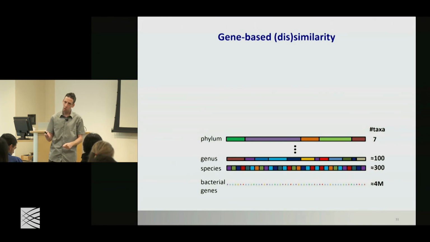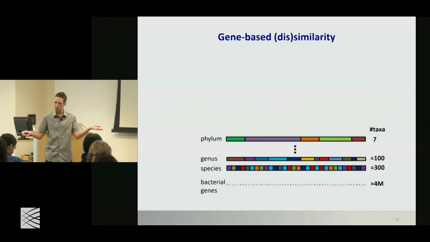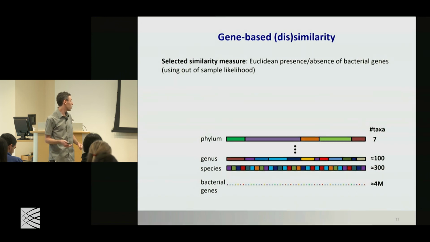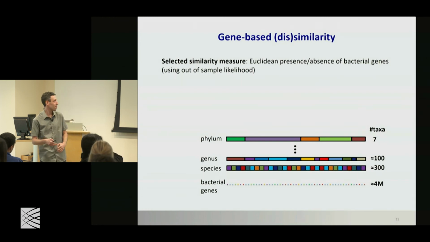One decision is what taxonomic level to use to measure similarity, and the second question is how to measure similarity. And because we are the first to do this, we had no idea what's going to work, so we tried many combinations, but we used out-of-sample likelihood to find the combination that seems to work best, meaning the combination that best explains phenotypes, in order to not overfit.